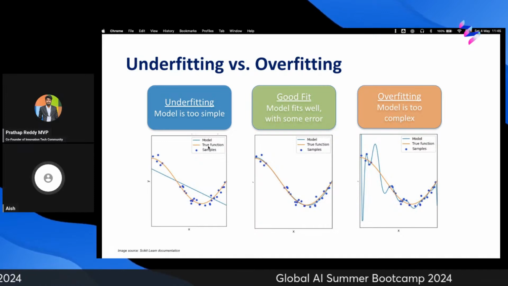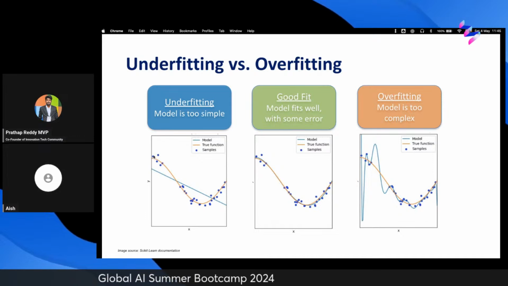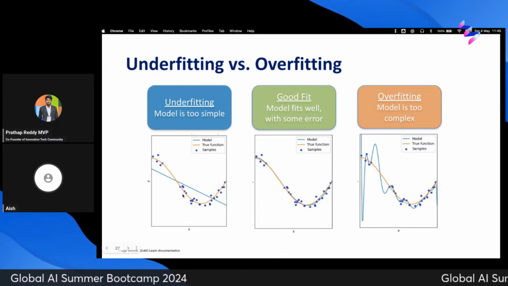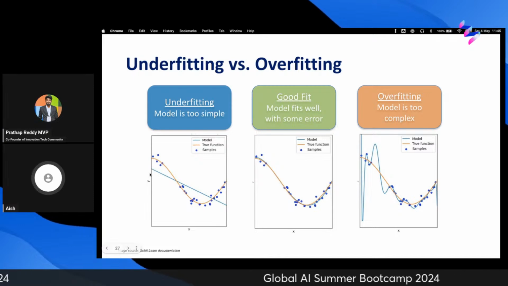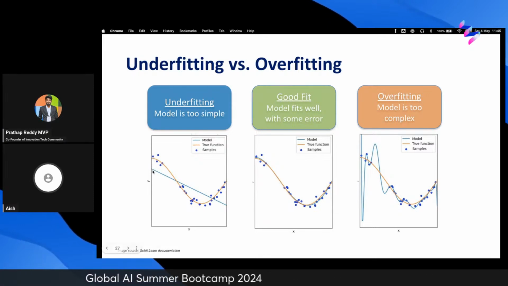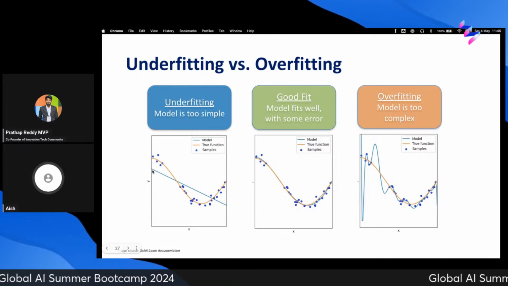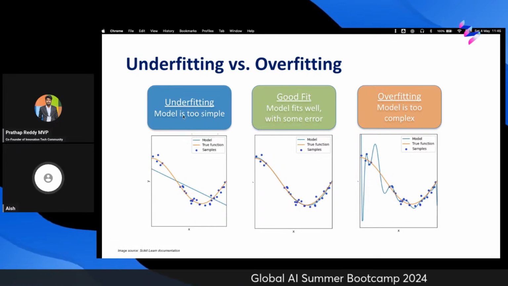Whereas my true function, or the samples, are these dark blue dots. These are the real values, that for this particular X value, this was the Y which was really there. But my algorithm predicted the light blue one. So this is an example of underfitting, where my model is too simple.